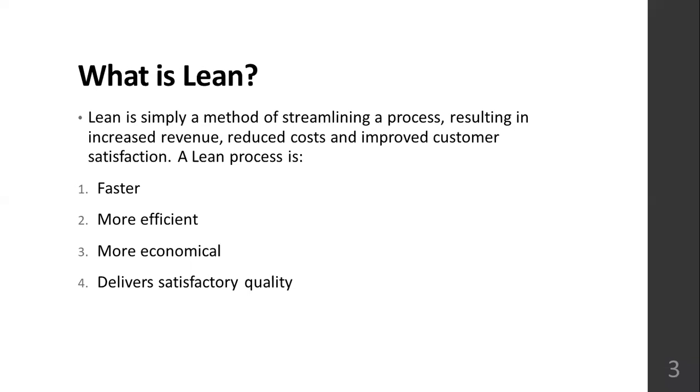There are some things that go on in every department that do not hold any value. Even without that, your department can survive. So a lean process is faster, more efficient, more economical. It delivers satisfactory quality as well.